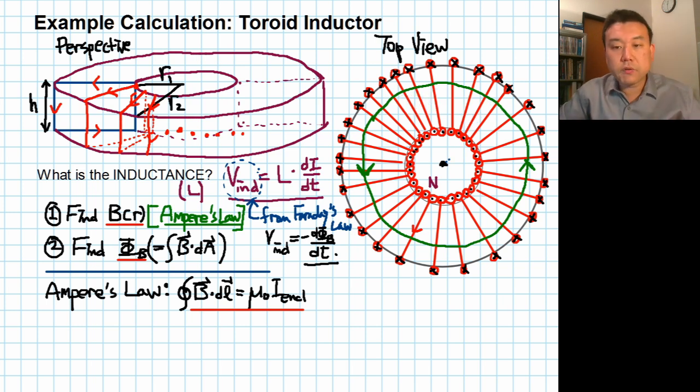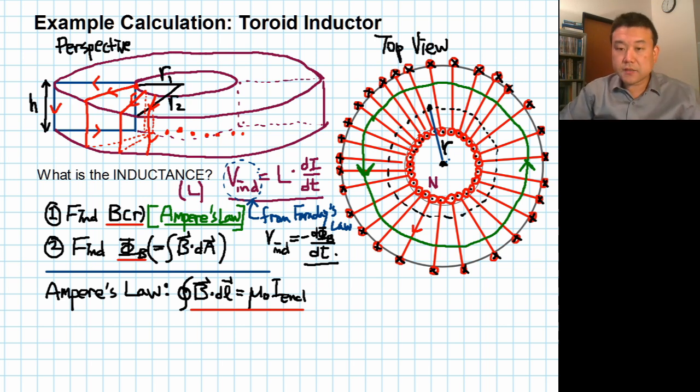Let's say we want to find the magnetic field at this point, which is at a distance r from the center of the toroid. Then what we would do is we would define our Amperian loop as a circle that goes through this point. So it would look something like this.